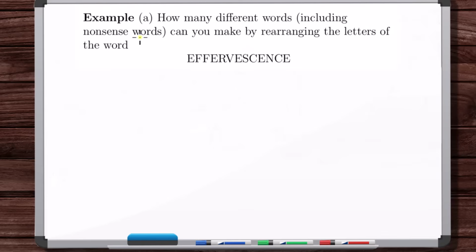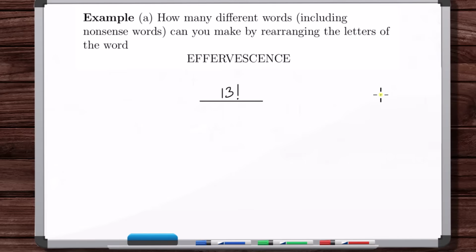Okay. How many different words, including nonsense words, can you make by rearranging the letters of the word effervescence? Okay, so this is pretty simple. We've got 1, 2, 3, 4, 5, 6, 7, 8, 9, 10, 11, 12, 13. So we can start with 13 factorial. All right, but now we need to use the division rule.